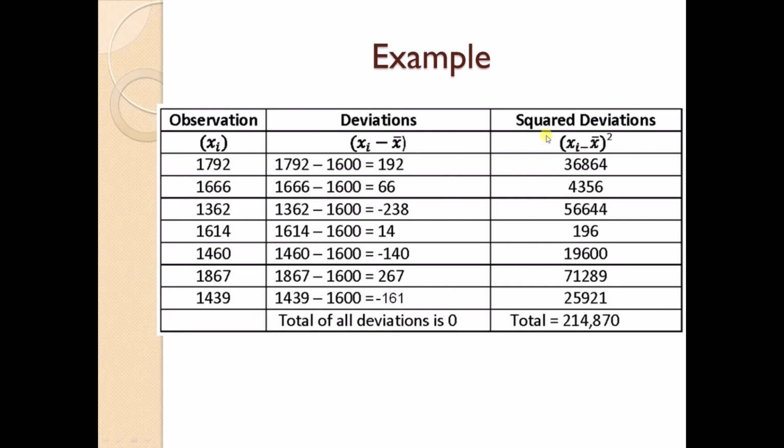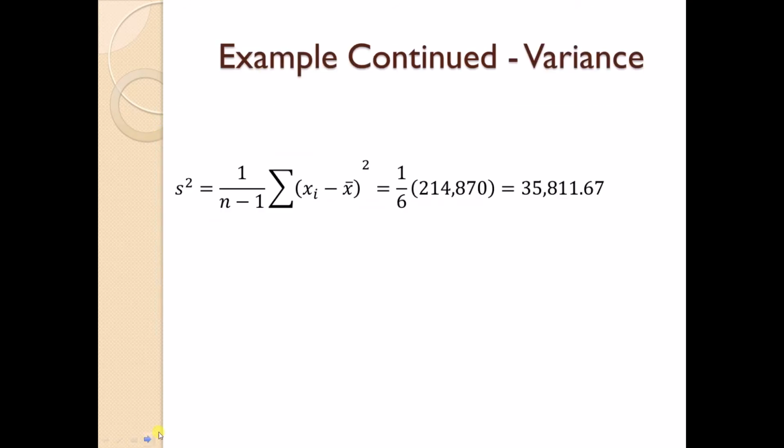So again, we square, and now we've got everything positive, and we have a great big number here. So we're into a different metric. Squared units typically are bigger. So then we add them all up and divide by n minus 1, and that will give us our variance. All right, so there's the sum of your squared deviations, and you're adjusting by dividing by 6 as opposed to 7.